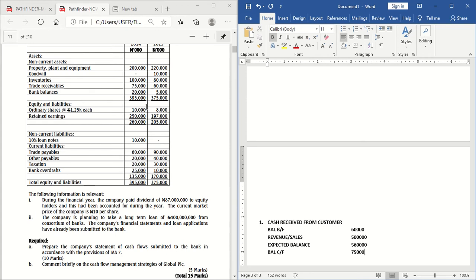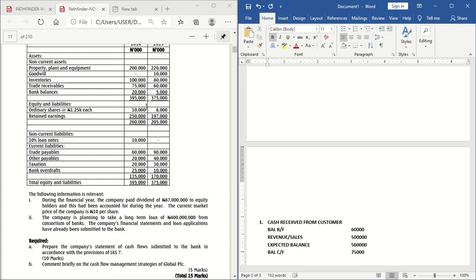So if it is 75,000, you are expecting that they will be owing you 560,000. But on getting here, you realize these people are owing you 75,000. It means that during the year they've settled you in what? In cash. So let us press our calculator.